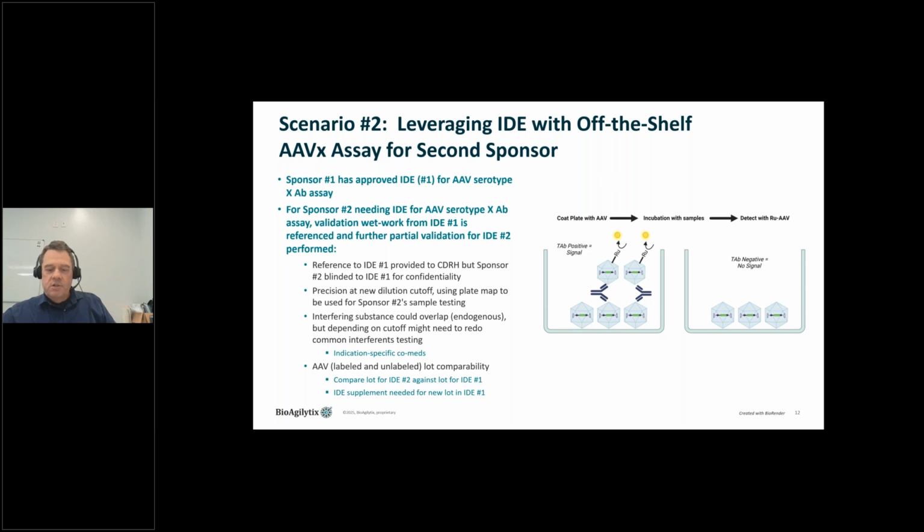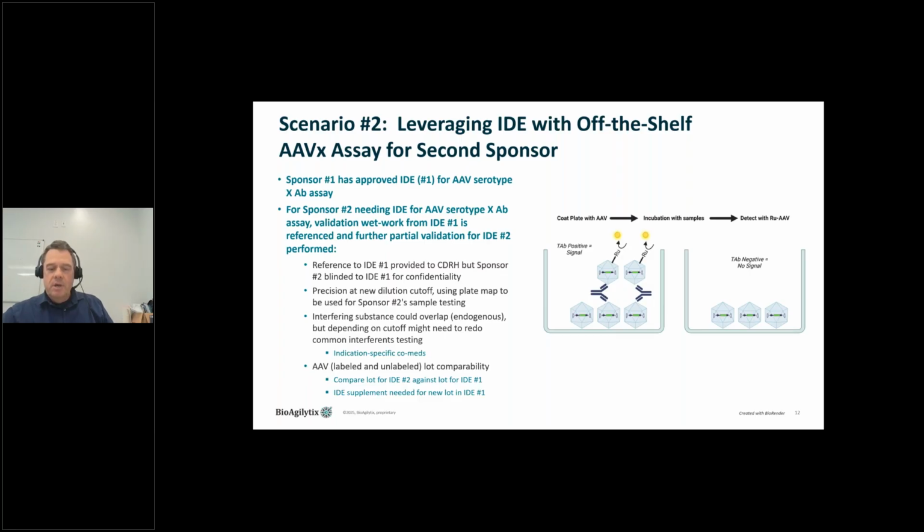And in such cases, a second IDE can be submitted that references the first IDE to the FDA, in such a way that sponsor number 2 is blinded to the content of the first IDE, and that allows for much of the validation work that's been performed for the first IDE not to need to be repeated.